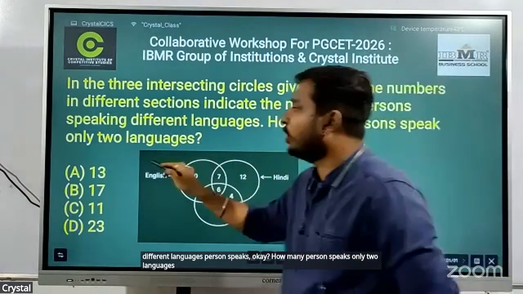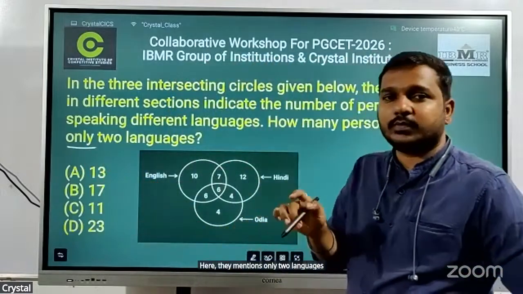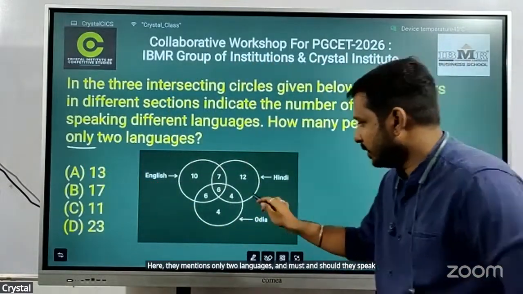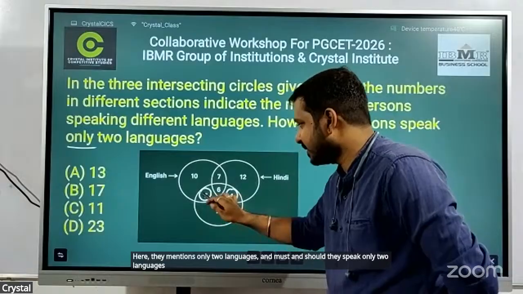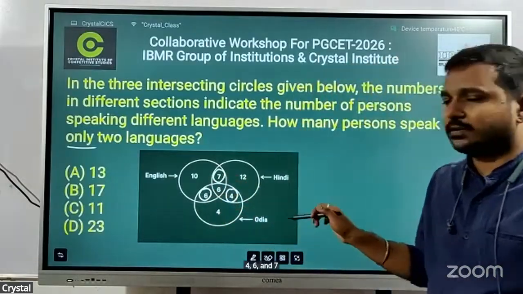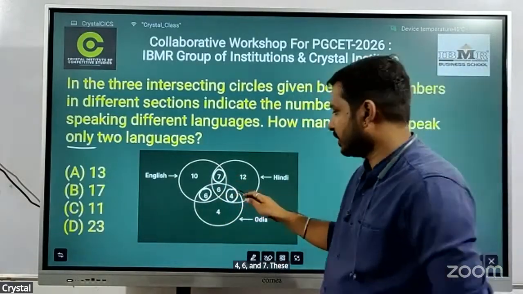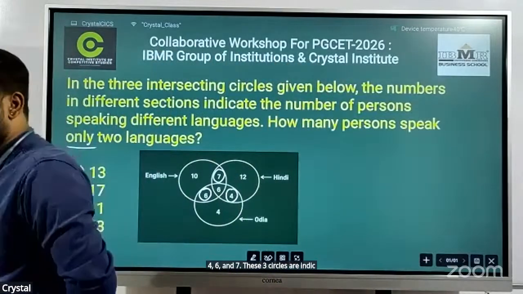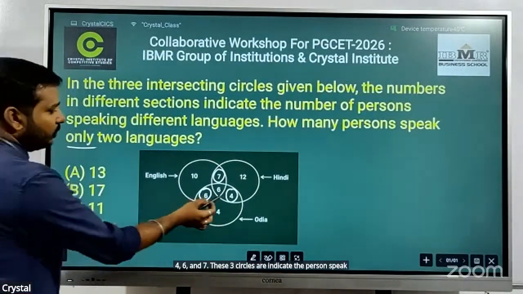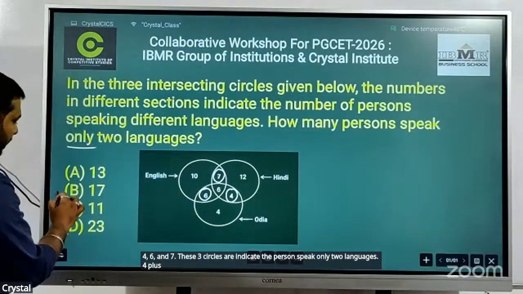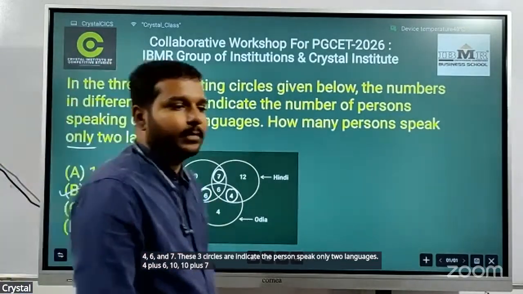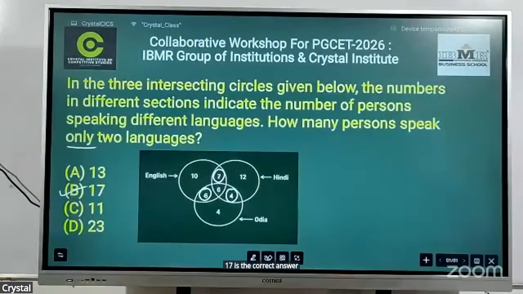Here they mention only two languages, so they must speak exactly two languages. 4, 6 and 7 are the sections for persons who speak only two languages. 4 plus 6, 10, 10 plus 7, 17 is the correct answer.